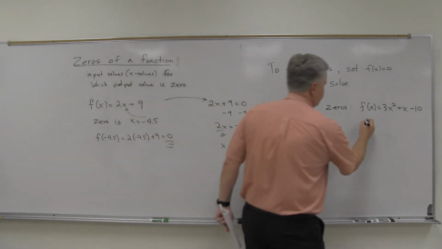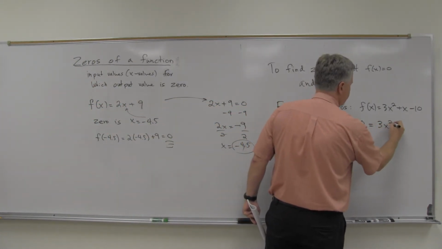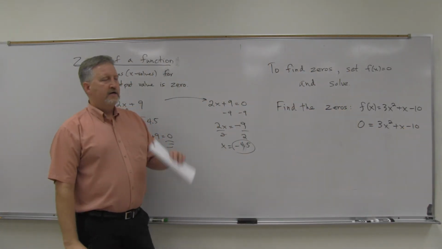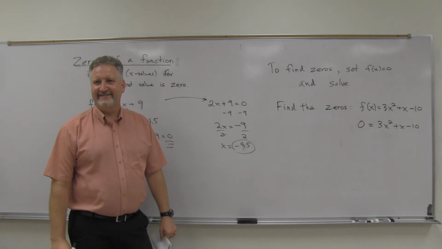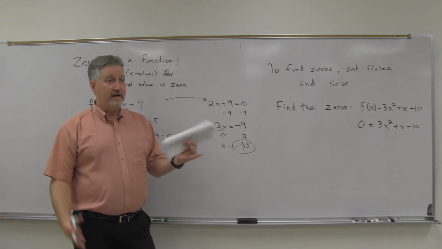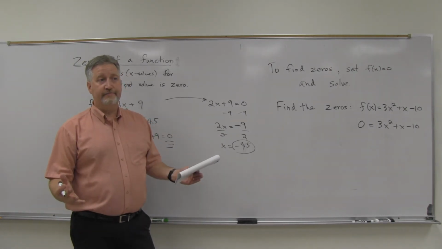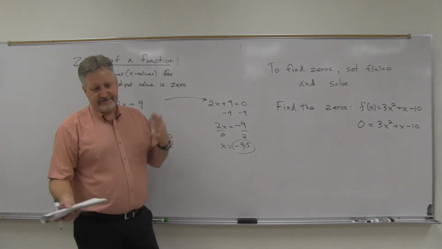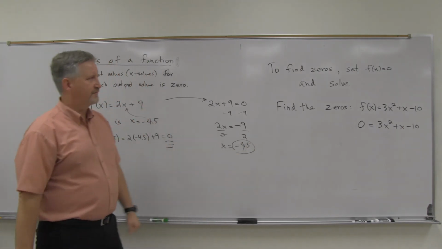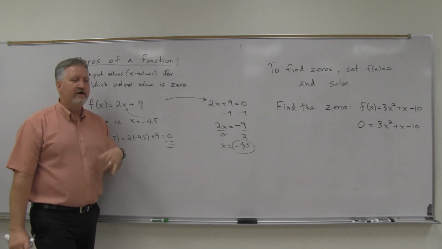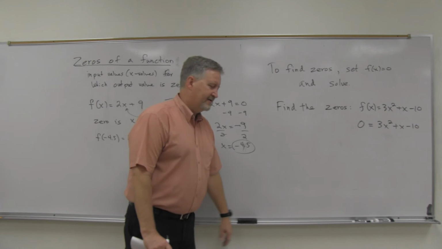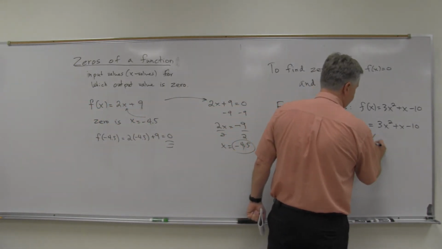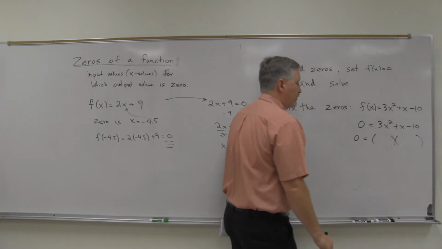So I'm going to set f of x equal to 0 and solve whatever equation that turns out to be. How do I solve that one? Can you factor it? Factor, maybe. Could be quadratic formula, maybe. We went over several types of solving equations, and that's why, because you never know what type of equation you'll run into. So you try factoring, or go the quadratic formula.